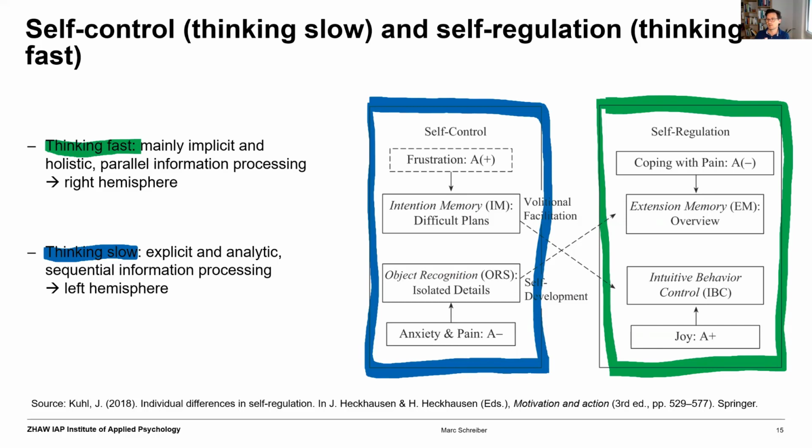So this is what, in a nutshell, we can learn from the PSI theory, that it's worthwhile to focus on both fast processes, like here the green right side, but also focus on slow processes, here marked with blue color.